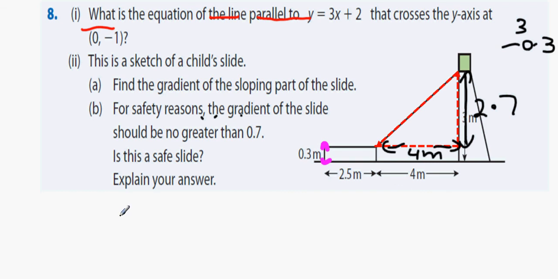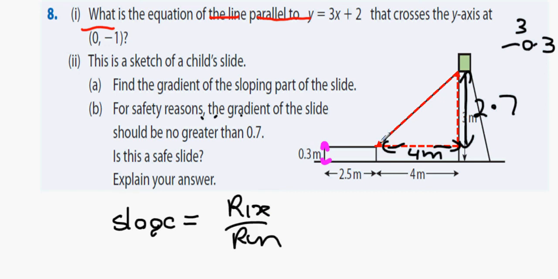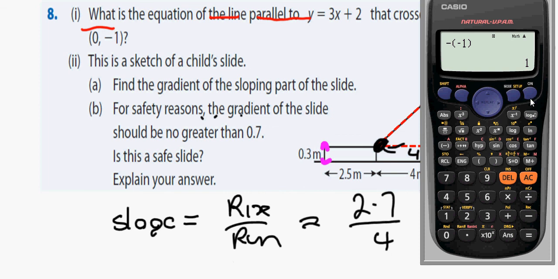So slope equals rise over run. If you start here, your run is plus 4 and your rise is 2.7. So it's 2.7 over 4, and we get 27 over 40.